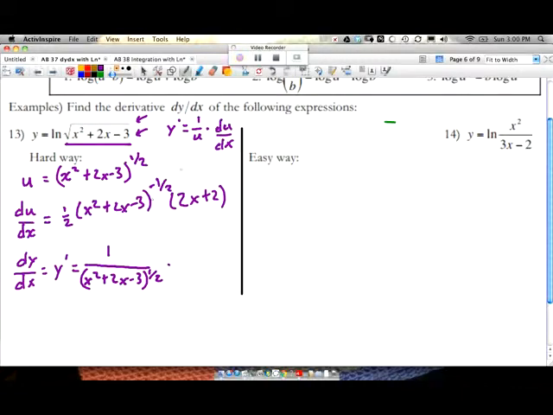And now keep in mind, this negative 1/2 power means that's going to go to a denominator, so we're going to have 1 over 2, and we got all this stuff to the 1/2 power, times x squared plus 2x minus 3 to the 1/2. And then up top we have the 2x plus 2, the du dx. So I really combined these two into one fraction there.